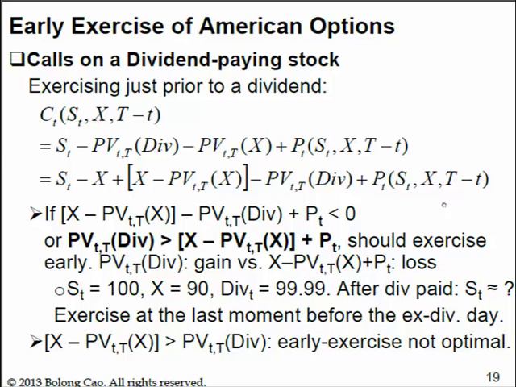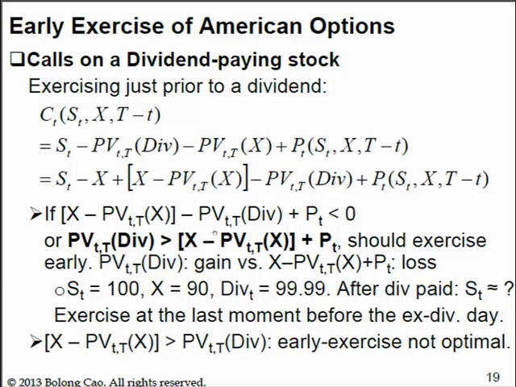The tail here, right, beyond the exercise value, the time value of money for the strike price, the present value of the dividend, and the put premium, all these put together, it's less than zero. It hurts the whole value of the American call option. Then, that's the condition you should exercise early.